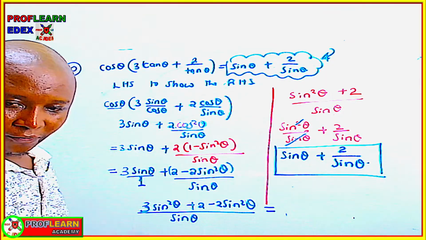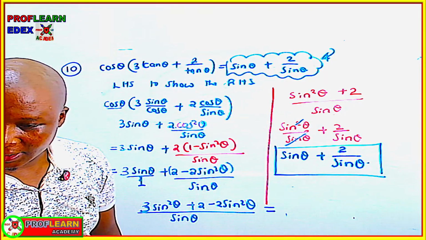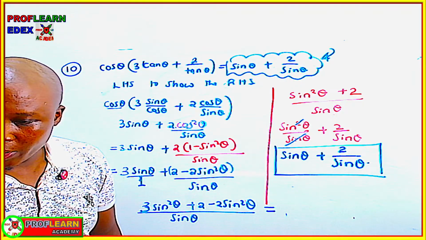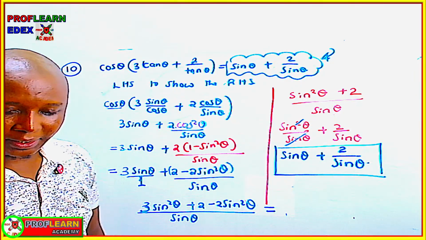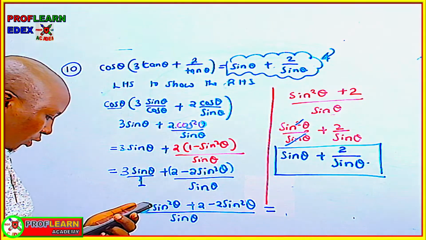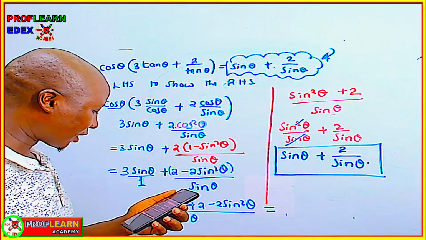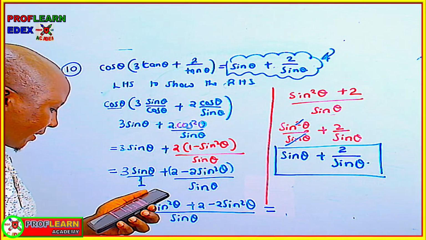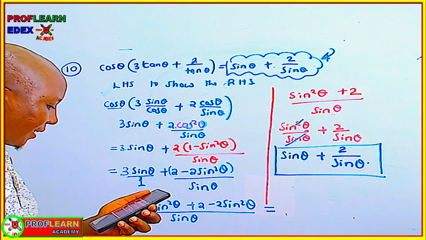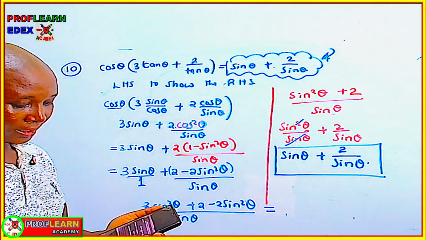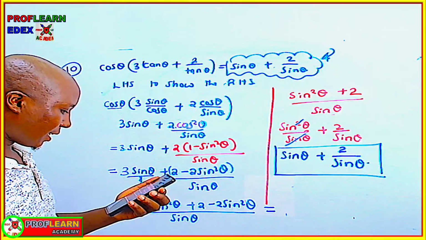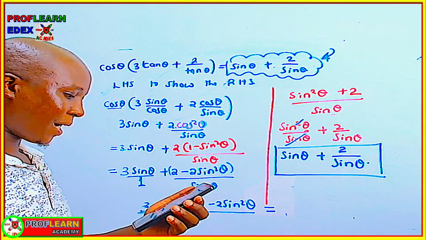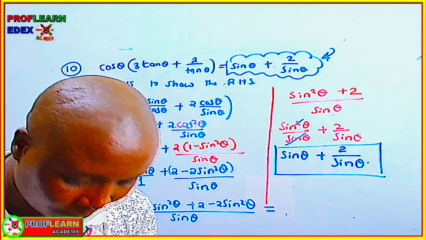Once we've worked it up to that level, we need to see what the next question was supposed to look like. Hence solve, this is what we are solving, for x greater than 0 less than 2 pi. Right, so I need to refill this.